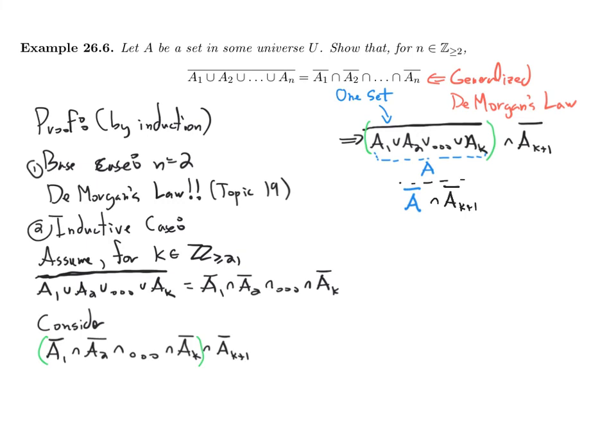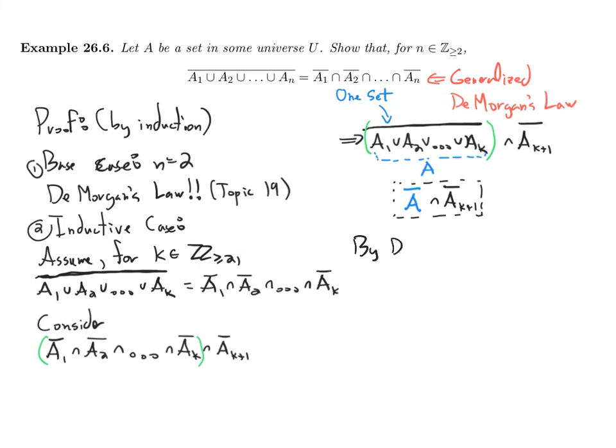So that's how we're thinking about that. And this A is just something that I defined right in the middle of the proof, as a little explainer step. I'm thinking about this as a big old set, and I'm taking the complement of this big old set that I called A. If I write it to look like that, now you can clearly see that by De Morgan's law, we can just get what we want.